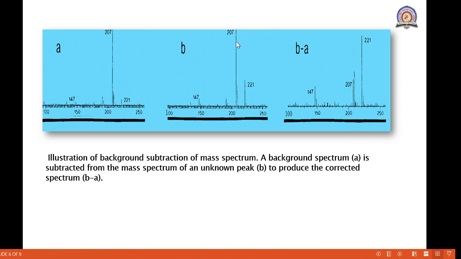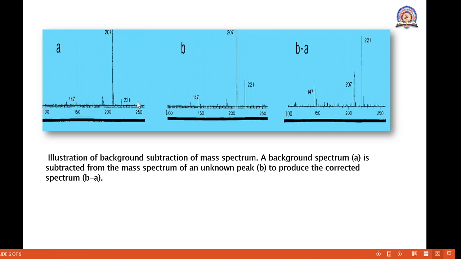So what is the difference in these three figures? In the first case, the background peak is 207, and these are the principal ion peaks.